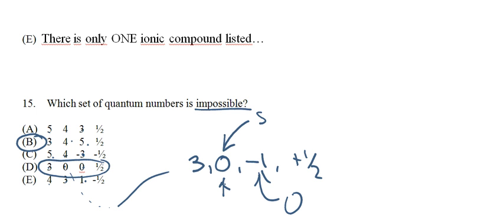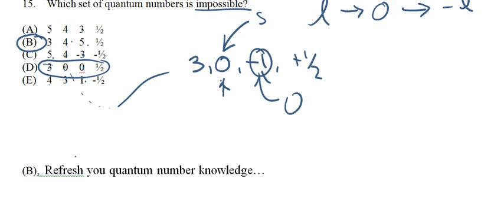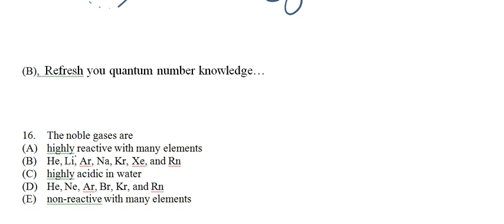It represents a type of orbital, and if this value doesn't fall between l, 0, and negative l, it's not legal. It doesn't have to just be bigger than the number in front of it. Oftentimes that's the case, but if I had 3, 0, 1, that's wrong. Can't have it.